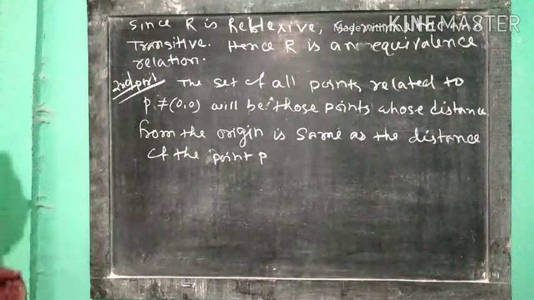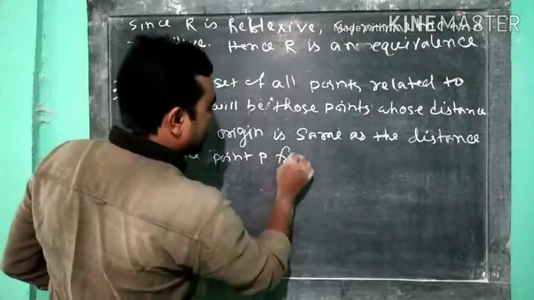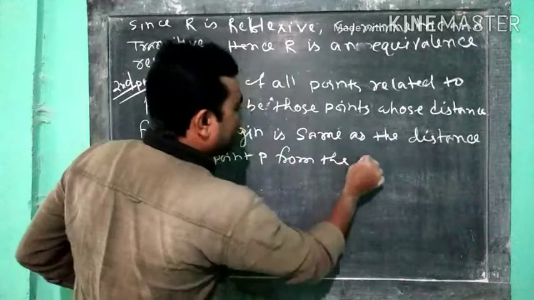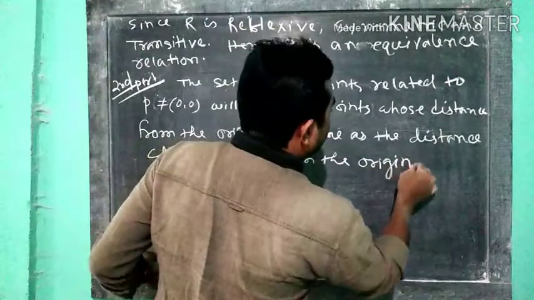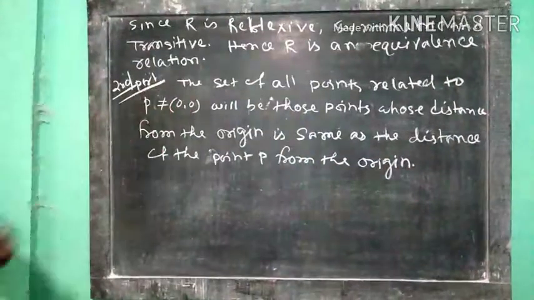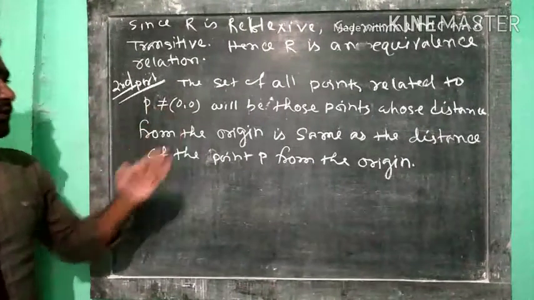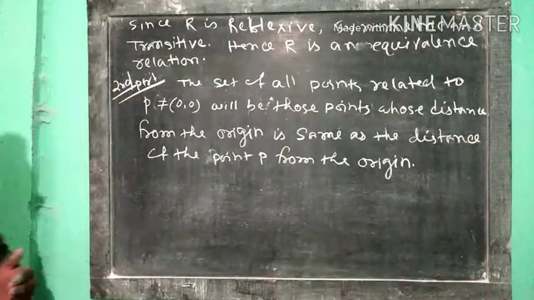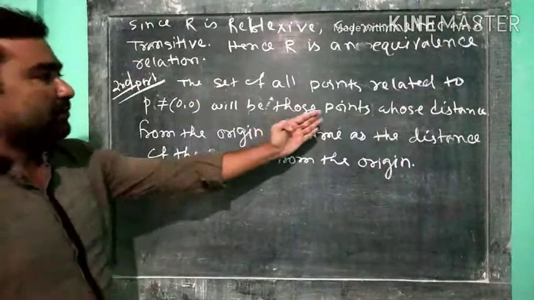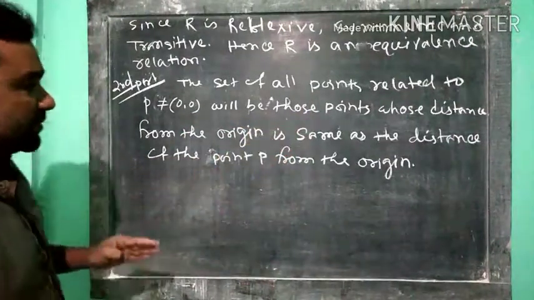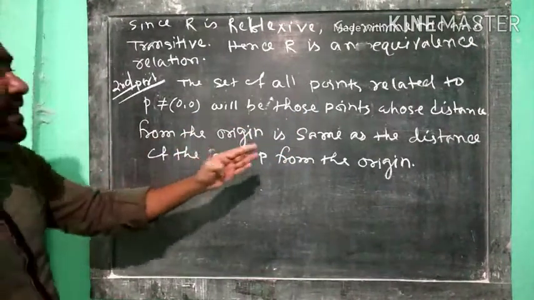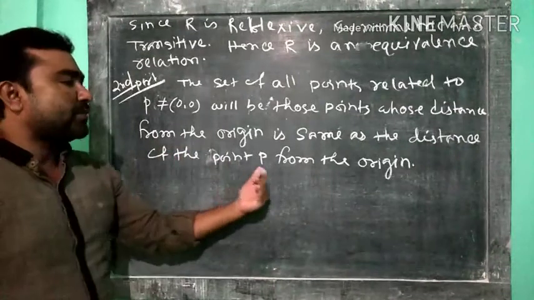Then the set of all points related to P not equal to 0, 0 will be those points whose distance from the origin is same as the distance of the point P from the origin.